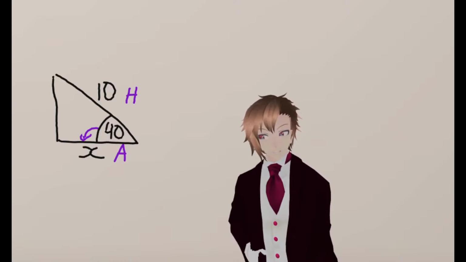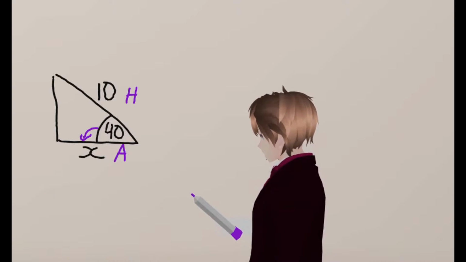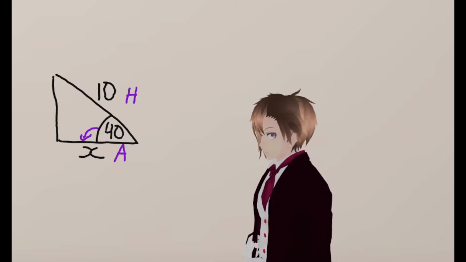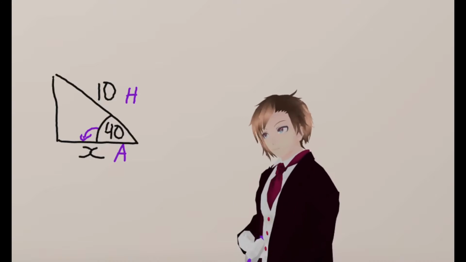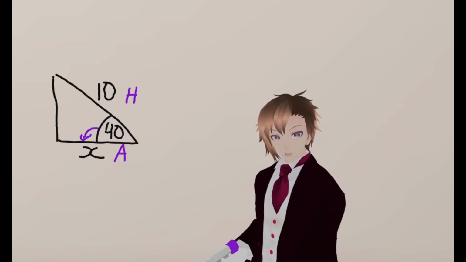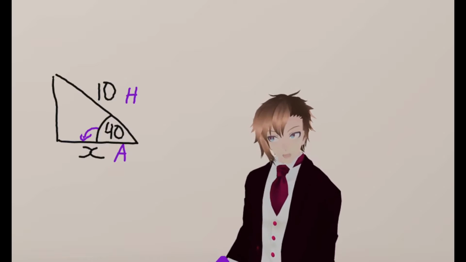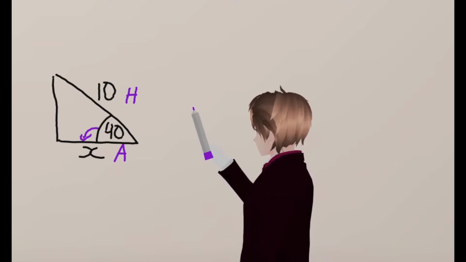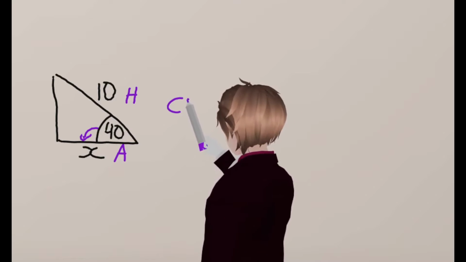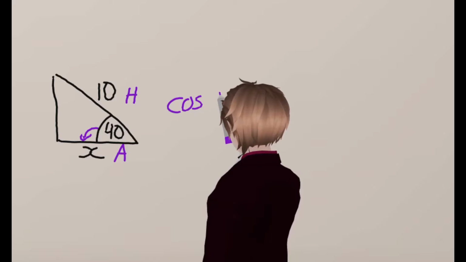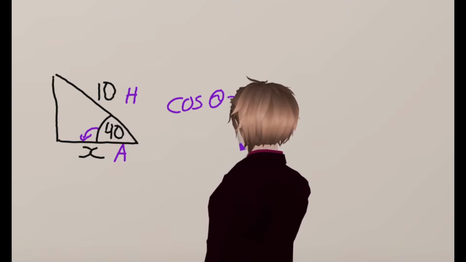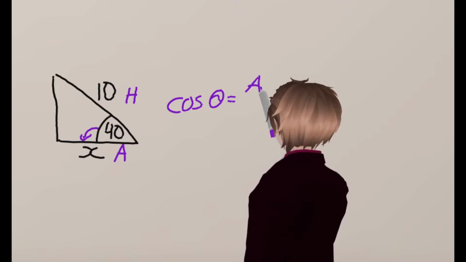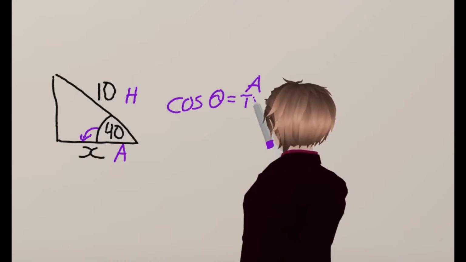Now which trig ratio are we going to be using for this triangle? Well, let's look at the saying. SOH, CAH, TOA. CAH had A and H in it, so we are going to be using cos. Cos theta is equal to a over h.